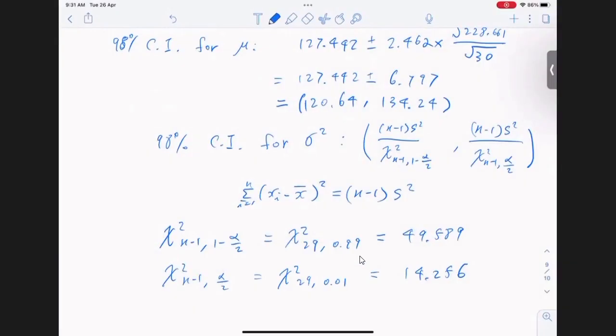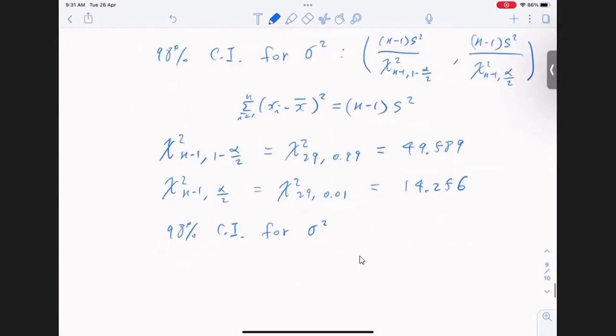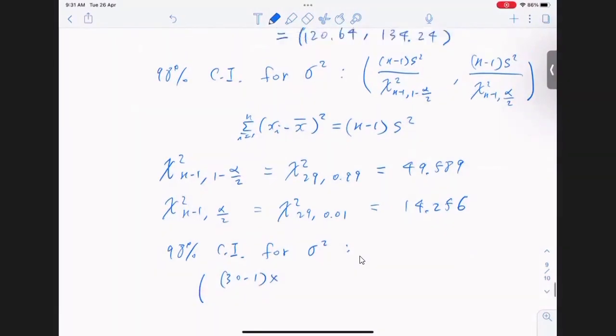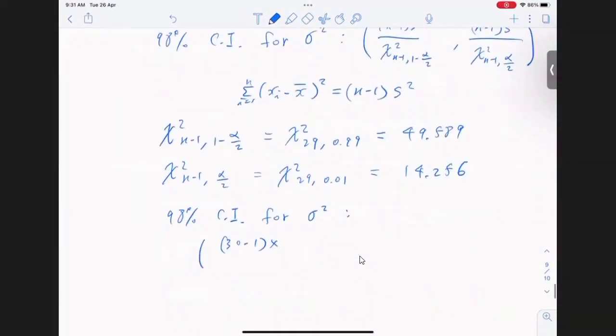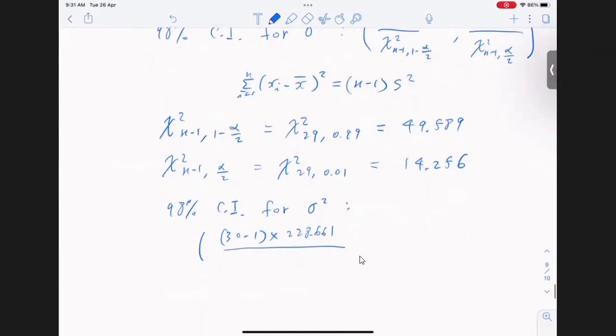So we substitute into the formula. The confidence interval for the population variance with the coverage 98% will be computed as the sample size minus 1, 30 minus 1, multiplied by the sample variance, divided by the chi-square quantile.